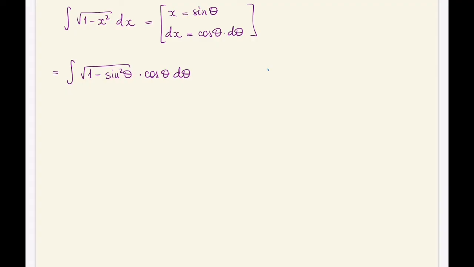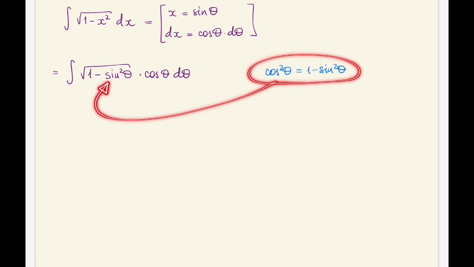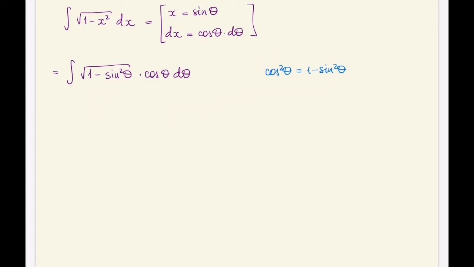So recall that according to the basic trigonometric identity, I have this relationship between sine and cosine of any angle. So I'm going to utilize this to substitute in for 1 minus sine squared theta here. This expression under the square root is cosine squared theta.